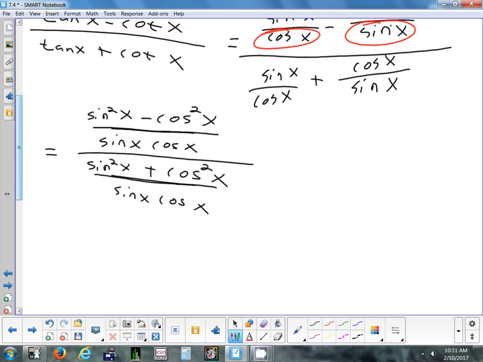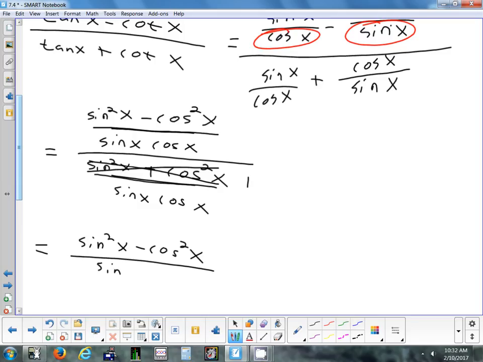All right, at least in the bottom, I see something I can simplify. What can I simplify in the bottom? Bottom fraction. Amanda? Sine squared plus cosine squared equals 1. Yeah, you can simplify all that into a 1. So I've got sine squared minus cosine squared. I don't like sine squared minus cosine squared because there's not a lot you can do with that. Plus is good, minus not as good.